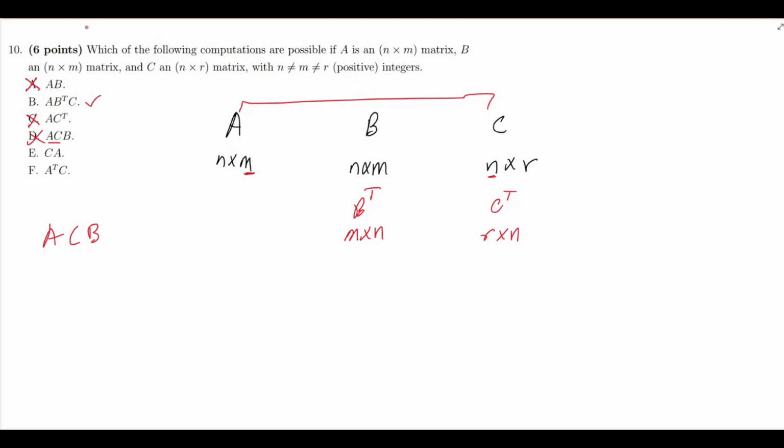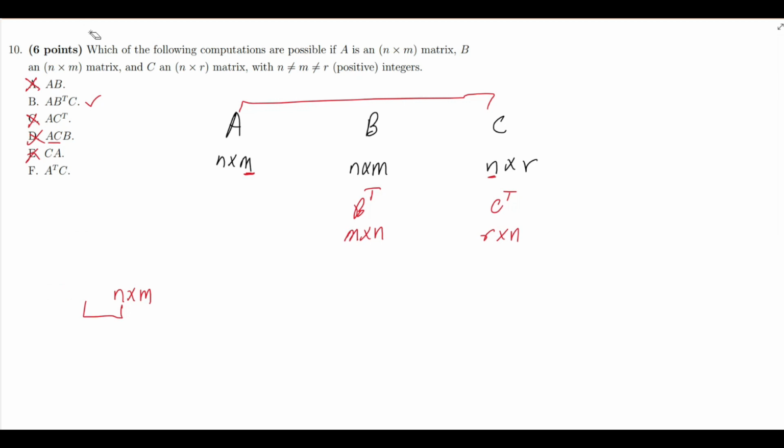So that's wrong. The next one is CA, and C is an n by r matrix, and A is an n by m matrix. Again, they are not compatible. So this is wrong.